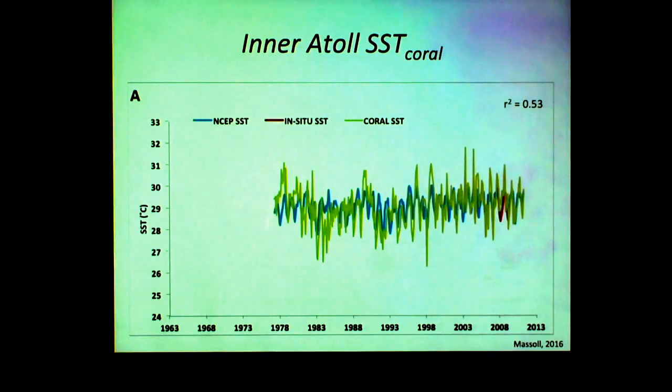And so this is our reconstructed sea surface temperature record for that inner atoll, the one that we thought would really reflect more of those seasonal changes. And the correlation, the R squared, is 0.53. You can see there's some areas that have some good coherence, some areas not so good.